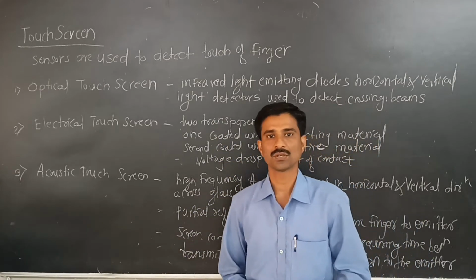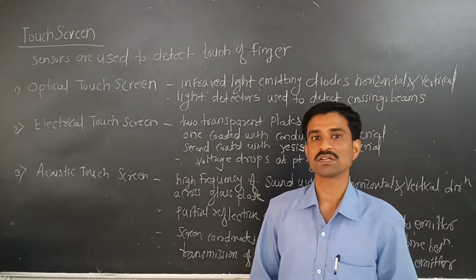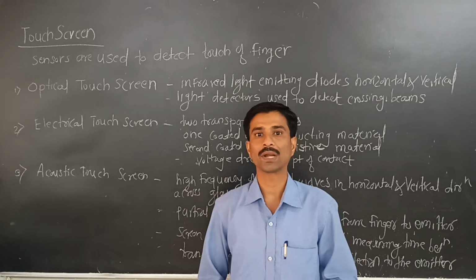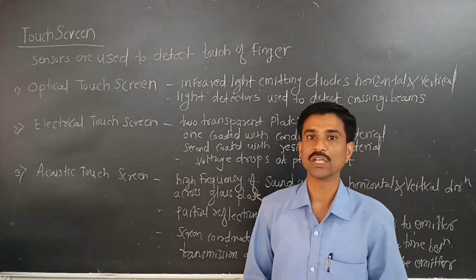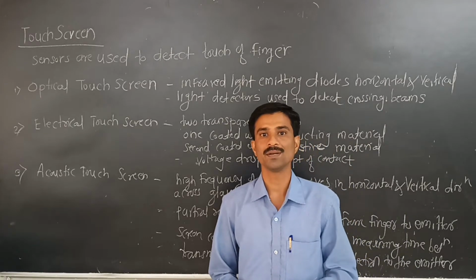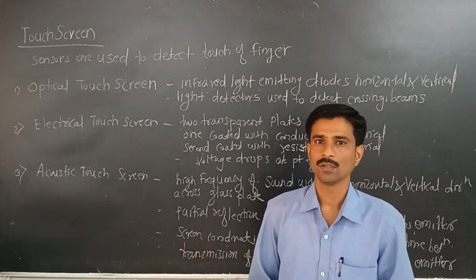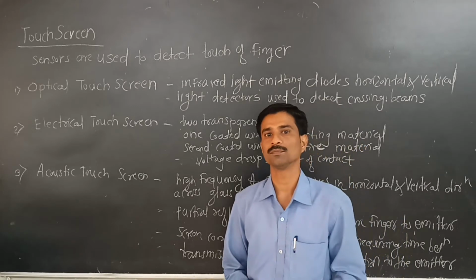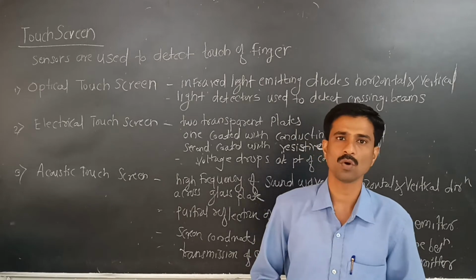In the previous lecture, we have seen the construction and the working of LCD, that is liquid crystal display. We have seen the LCD is mainly based on the mechanism of blocking of light. Means what?